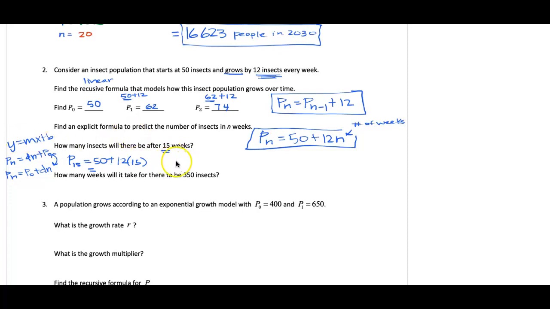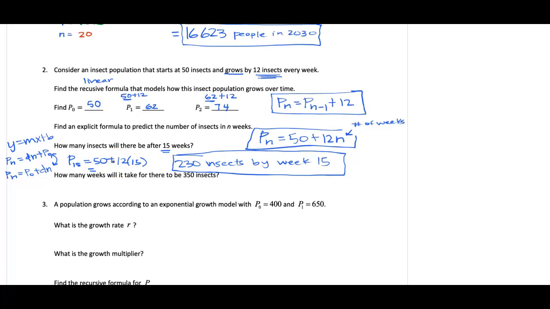Yep. So 230 insects by week 15. And of course, this is assuming that the insects are not dying off in that time. There are a lot of assumptions being made in some of these.